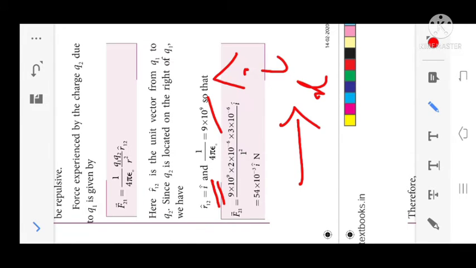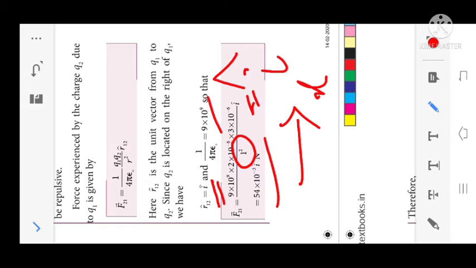For Q1 we use 2 into 10 power minus 6, for Q2 3 into 10 power minus 6, and distance r is equal to 1 meter, so instead of r squared we use 1 squared. Multiplying all the numerator terms, we get 54 into 10 power minus 3.